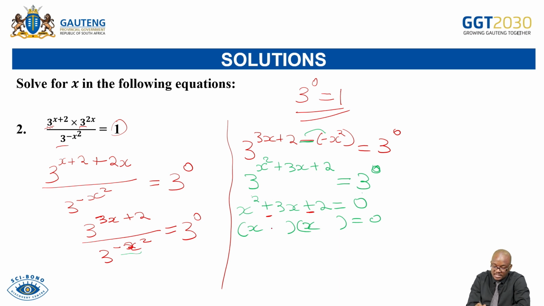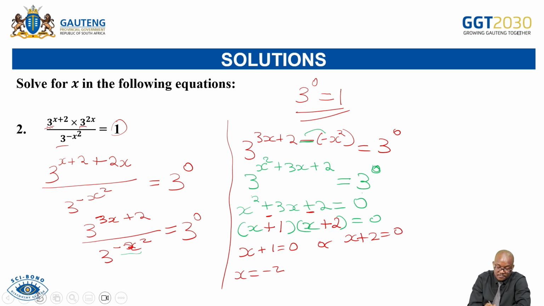It means inside the bracket I will have two positive signs. Then with numbers, the numbers that multiply to give you 2 and add to give you 3 are 1 and 2. Then by the zero factor rule, x plus 1 is equal to 0, or x plus 2 is equal to 0. Then x will be negative 1.